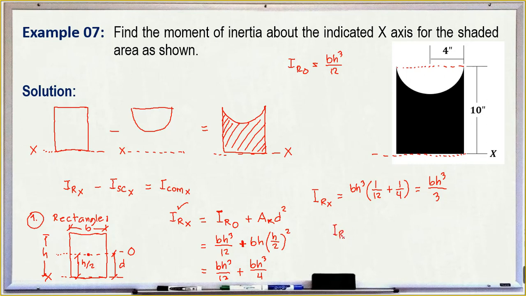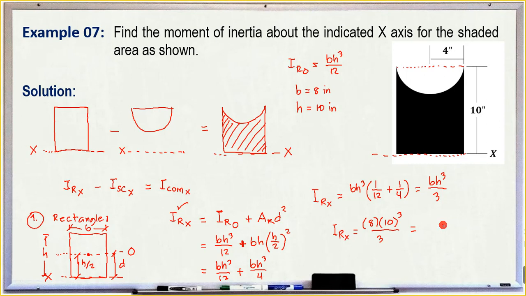So since we have a value for our base and the height, our base is equal to 8 inches, not 4 inches, because the 4 is half of the base, and the height is equal to 10 inches. So substituting the values, we have 8 times 10 to the power of 3 all over 3.